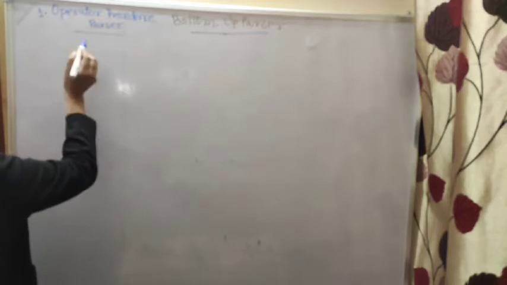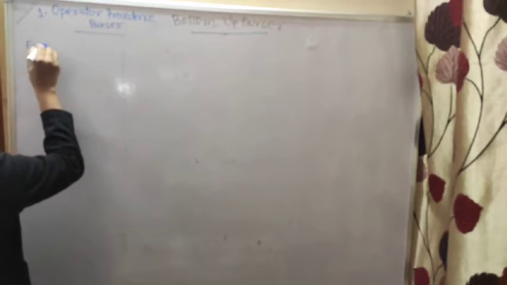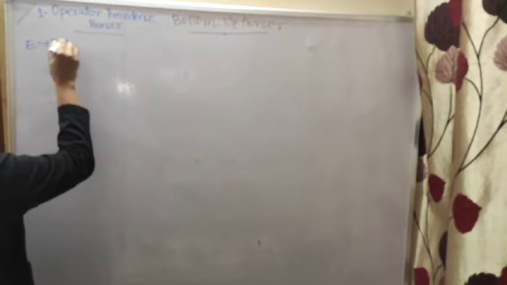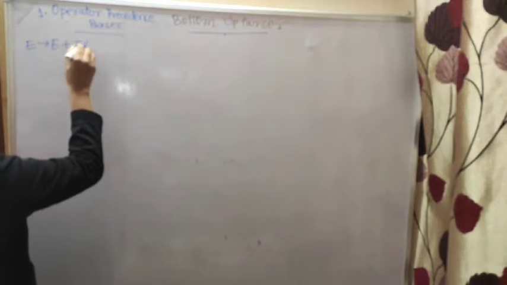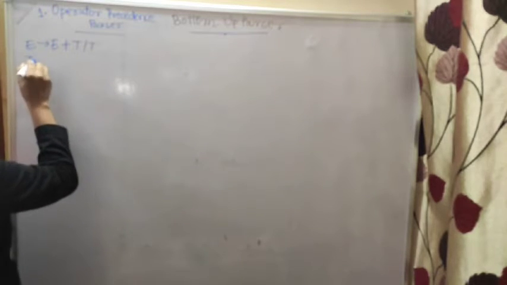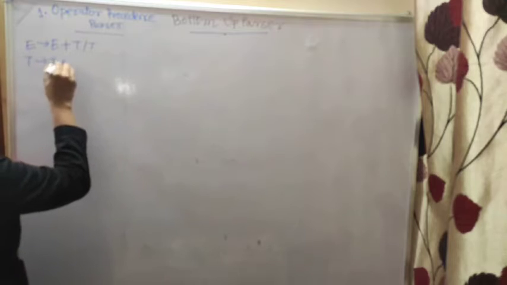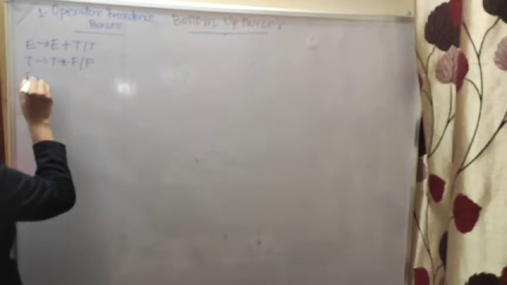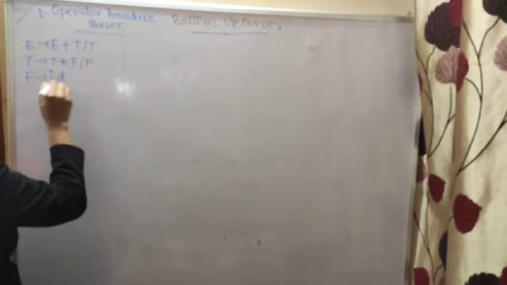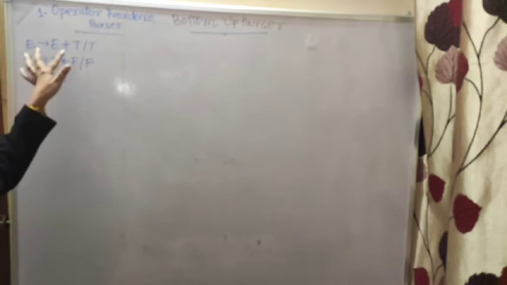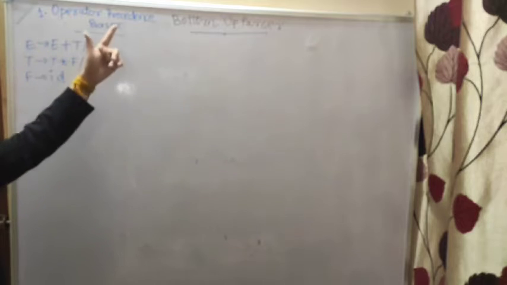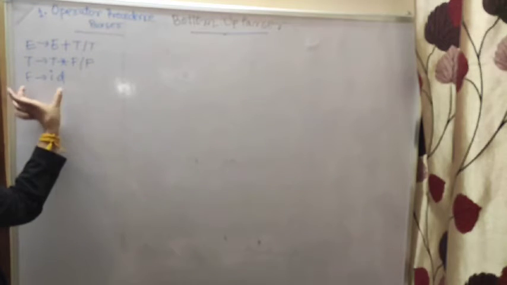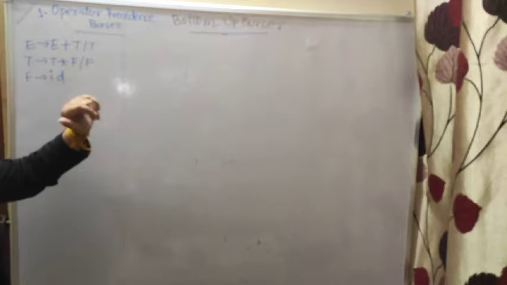Now suppose the grammar is given: E derived E plus T or T, T derived T star F or F, F derived ID. So these are the production rules as given, and you can see that these production rules are accepted by the operator precedence parser.